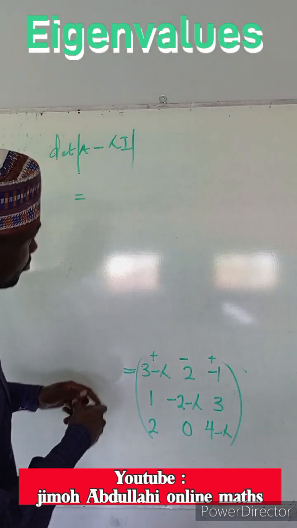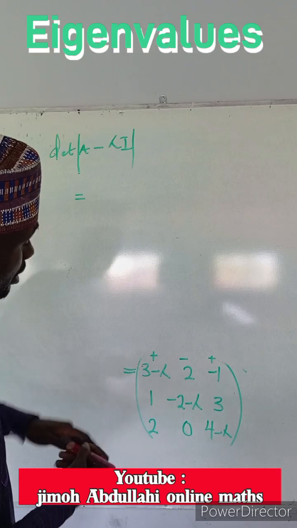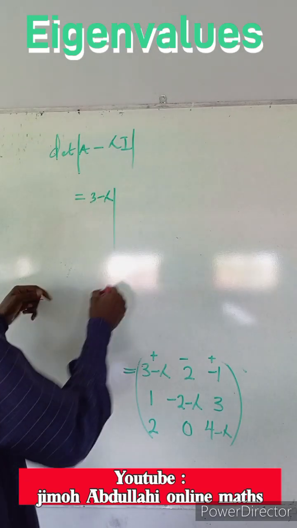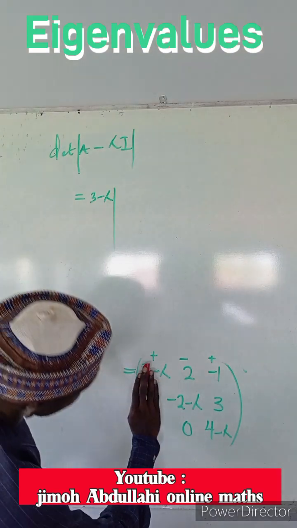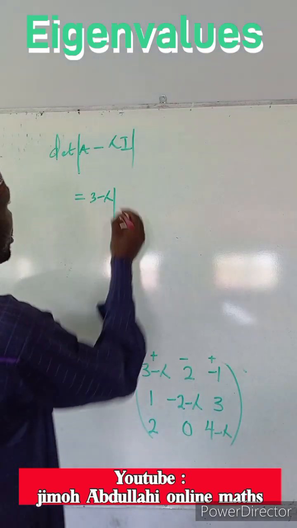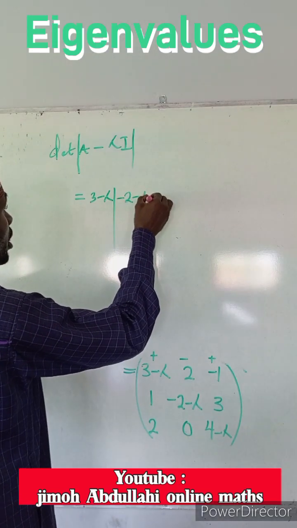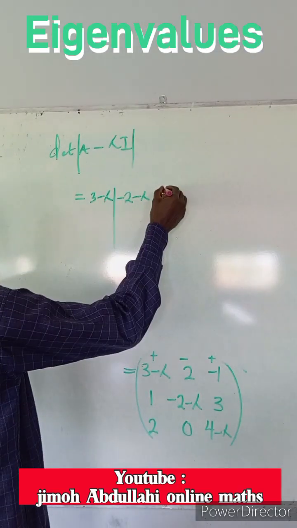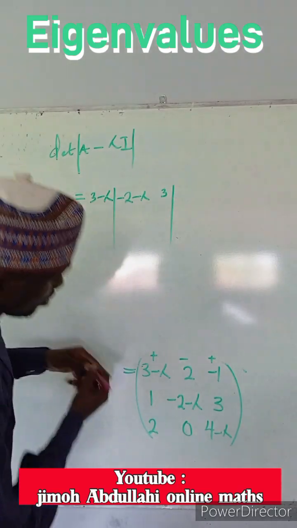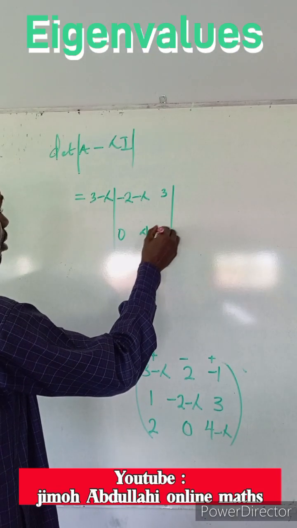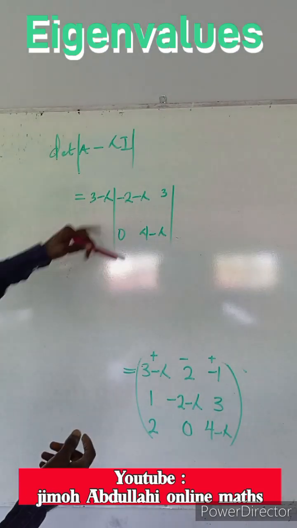So if you are taking this side, that means you have 3 minus lambda into, that means you are going to plug this place and this place. So we have minus 2 minus lambda, 3, then we have 0 and 4 minus lambda. That's what we are going to have there.